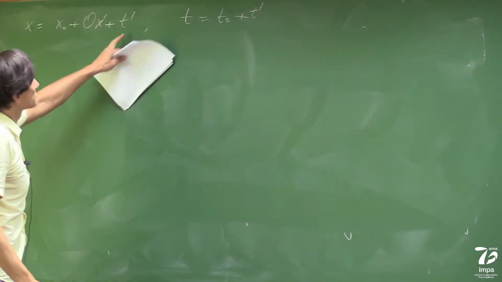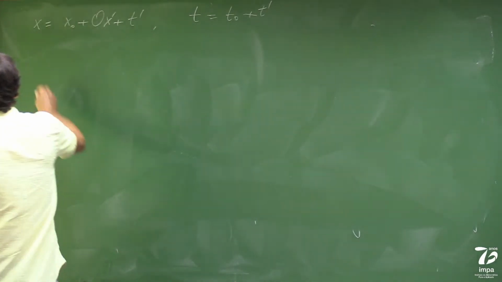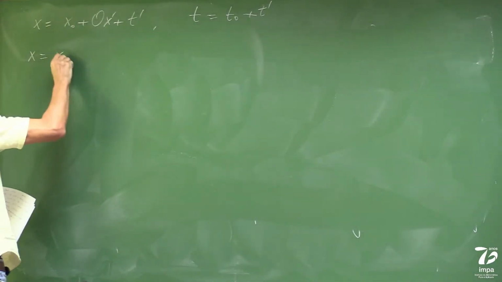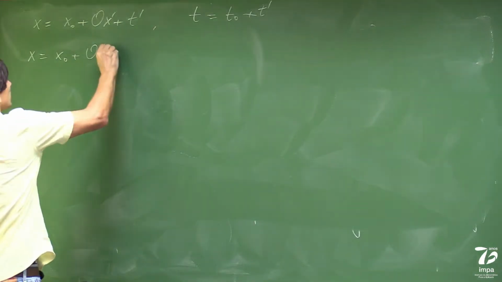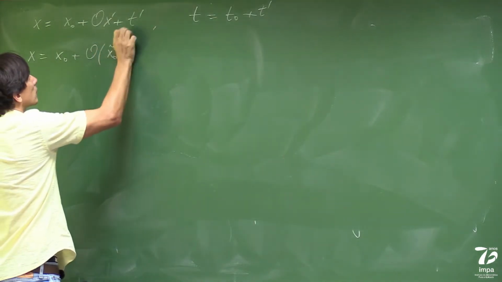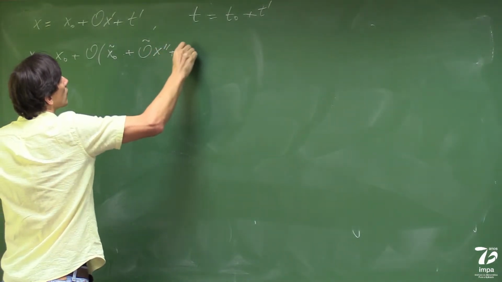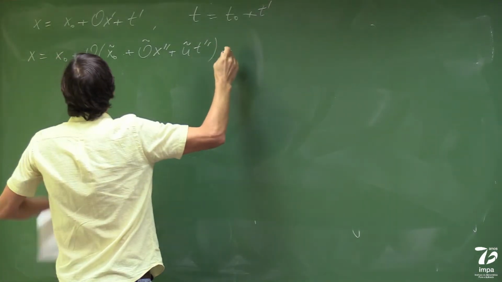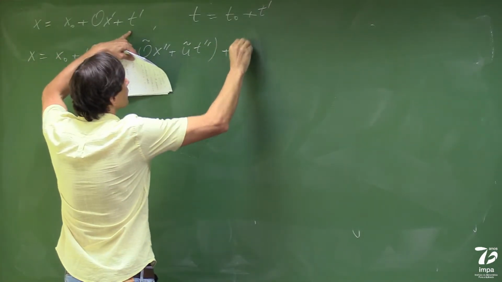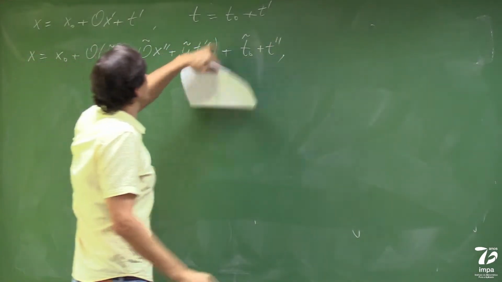Now we substitute the primed variables from the second line, and here as well.